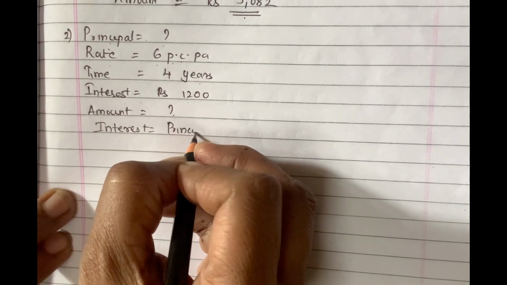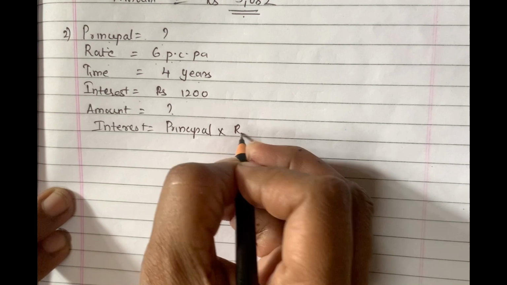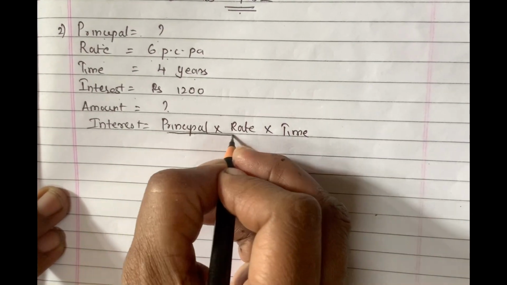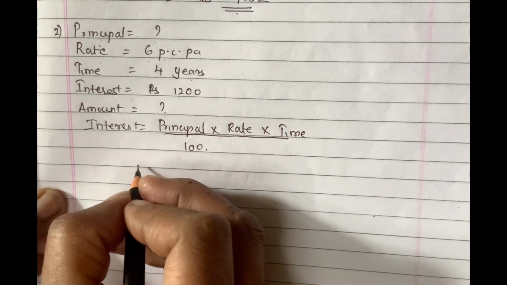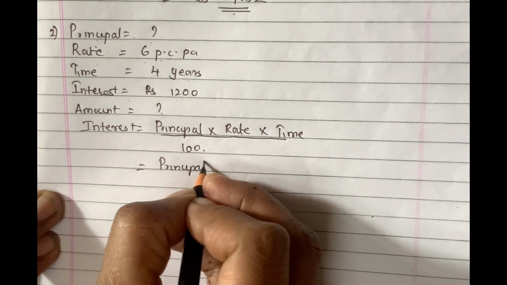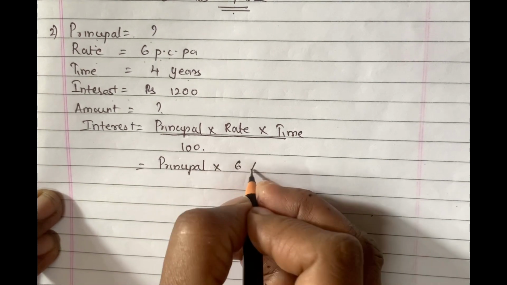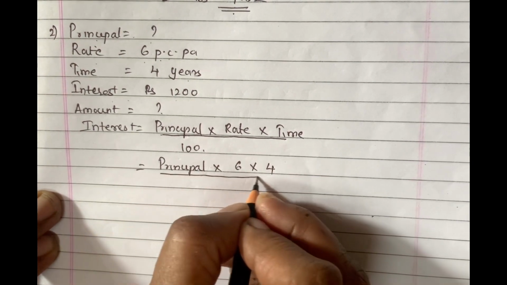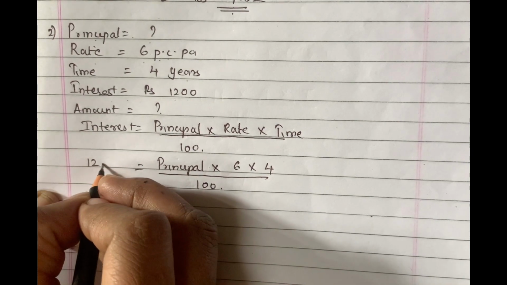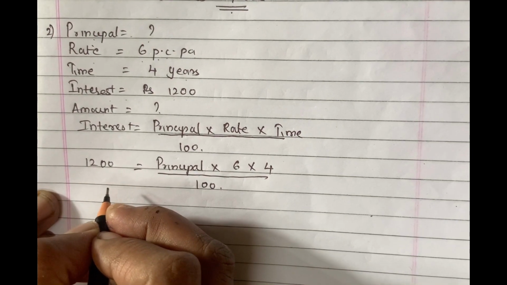Principal into rate into time upon 100. So what is principal? We don't know, so you write as it is. Rate is 6, time is 4, upon 100. But you know the interest, so we can write here 1200.